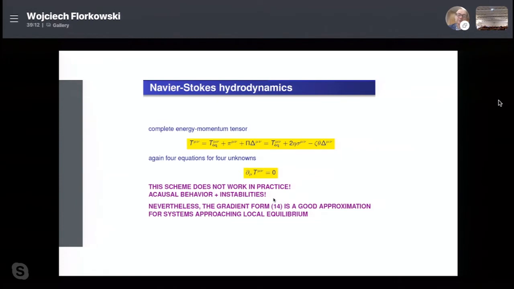Now, if we want to include dissipation, then we see that actually the dissipative effects are very large. This is the slide which I show probably for the third or fourth time, because I want to emphasize that there are these corrections to the energy momentum tensor which are due to viscosity.